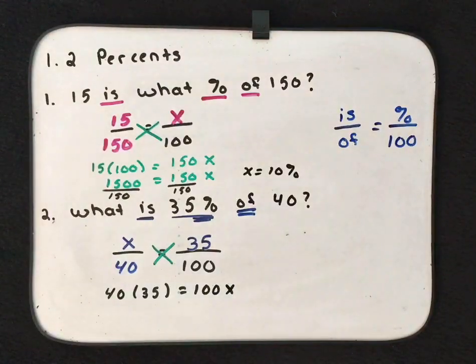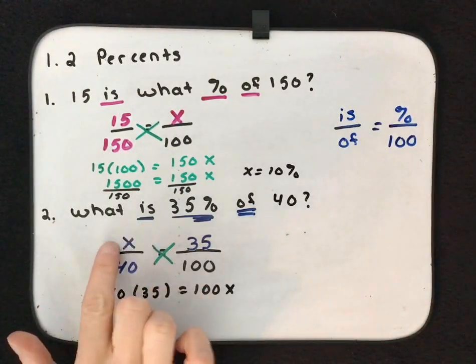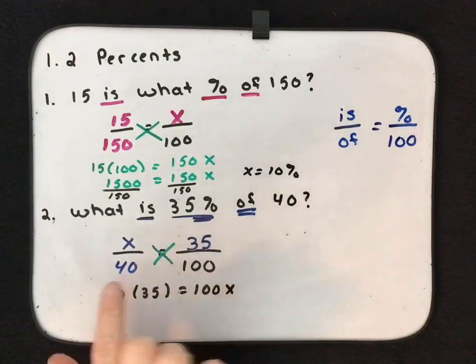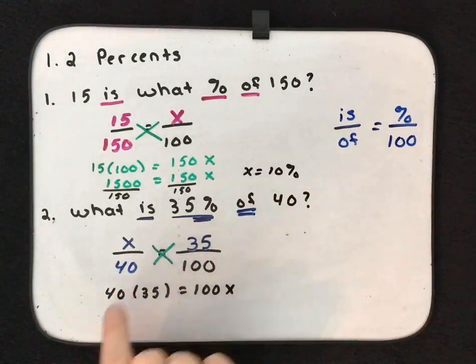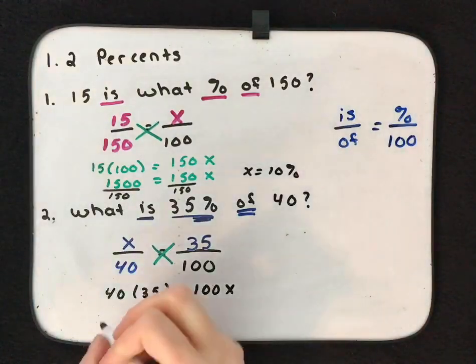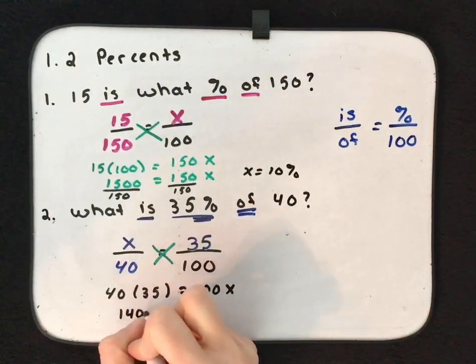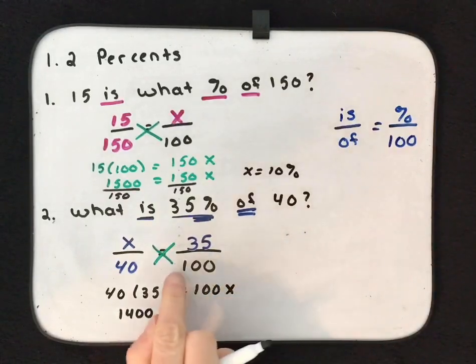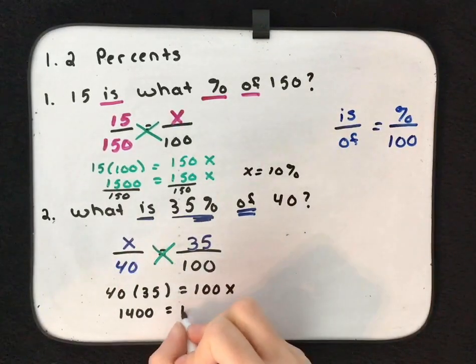So let's read it through. Let's make sure that we have everything figured out and everything in the right spot. So if we double check, we have what is, there we go, 35% of 40. Cross multiply, 40 times 35, that gives us 1400 equals 100x.